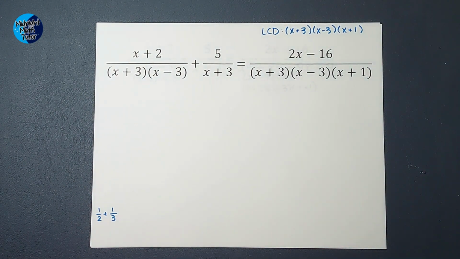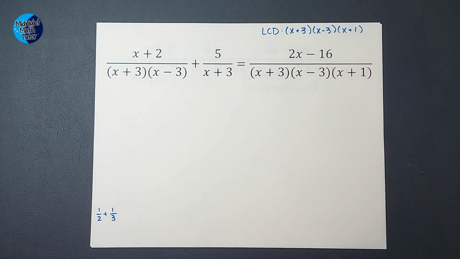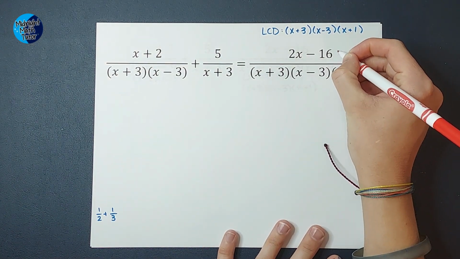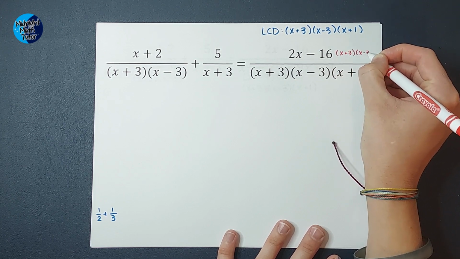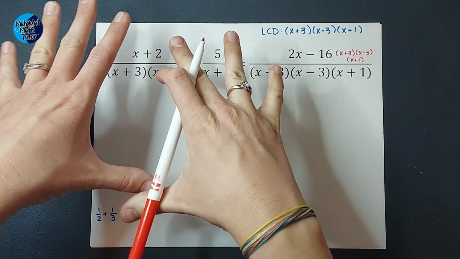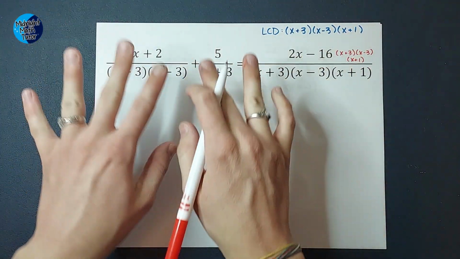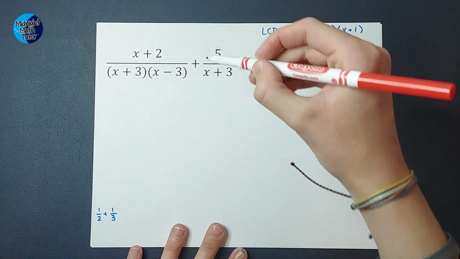So let's see what happens when I multiply both sides by this least common denominator. I'm going to multiply this side by x plus 3 times x minus 3 times x plus 1. I'm also multiplying this side. Remember, I'm multiplying the whole side, so it's going to distribute to both of them.